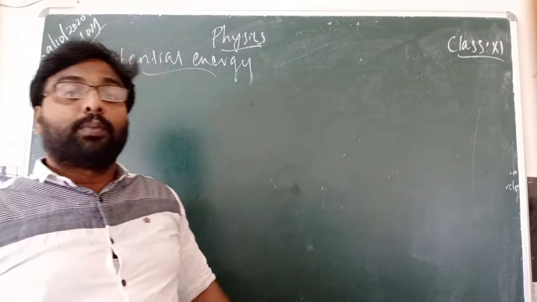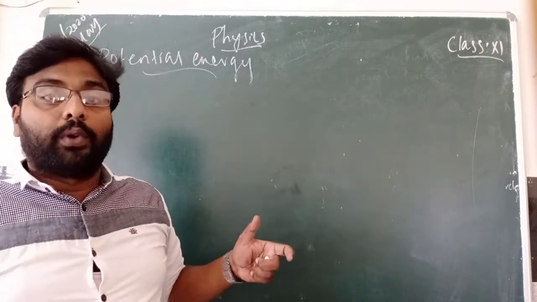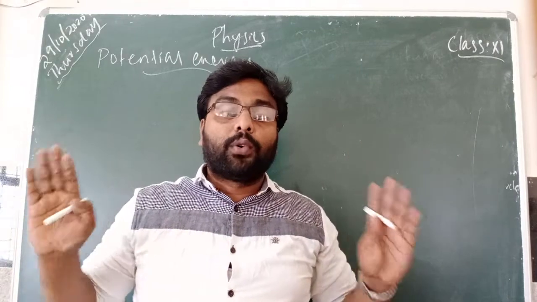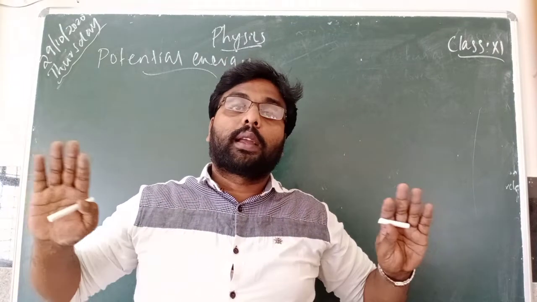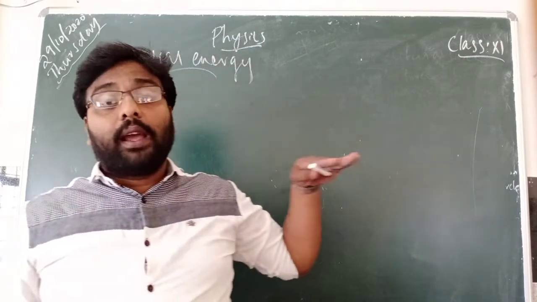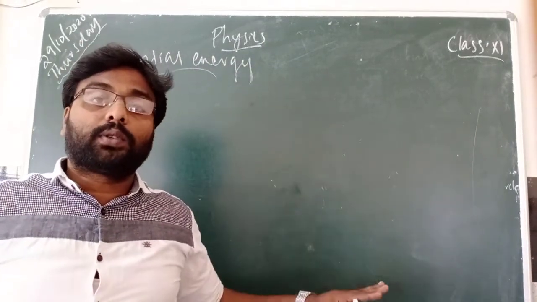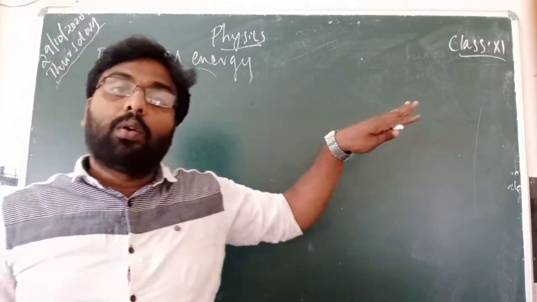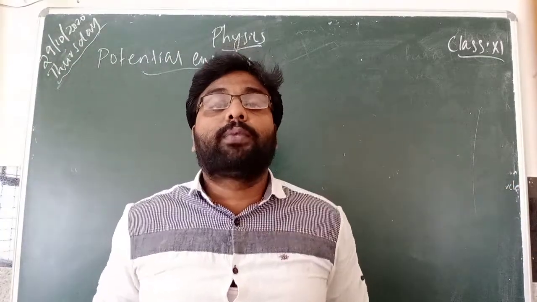Without applying a force, work cannot be done. So we are applying an external force on the object, and some work has to be done to lift this board upward.